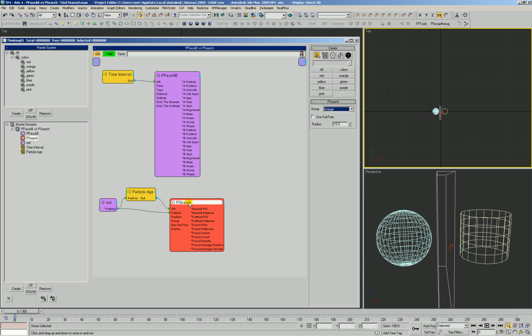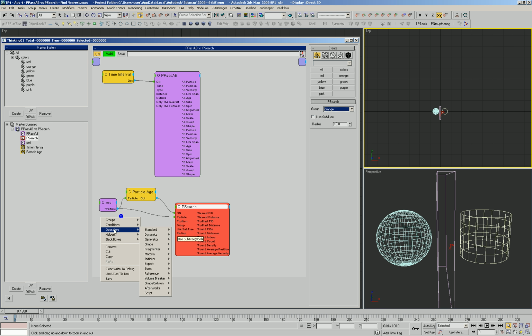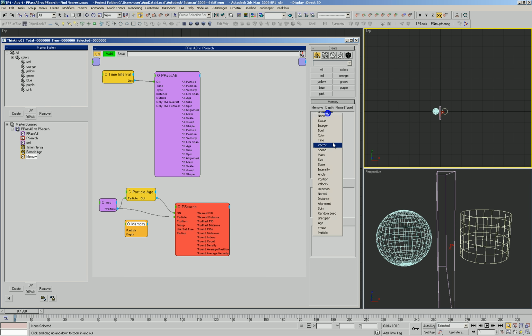Okay, now PSearch, let's get this out here. Like we said, it has some handy options where we can actually pick the group dynamically, who it's going to be searching for. So if you had maybe, let's get a memory in here first. Memory with the group.